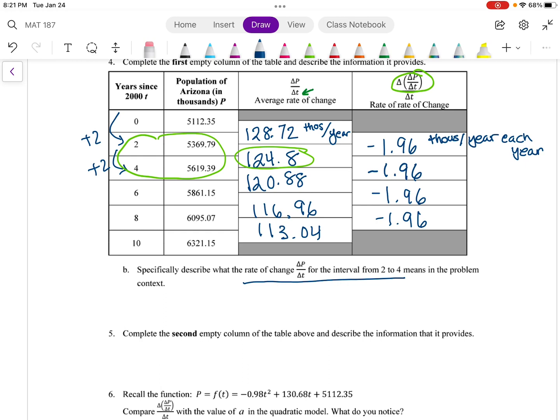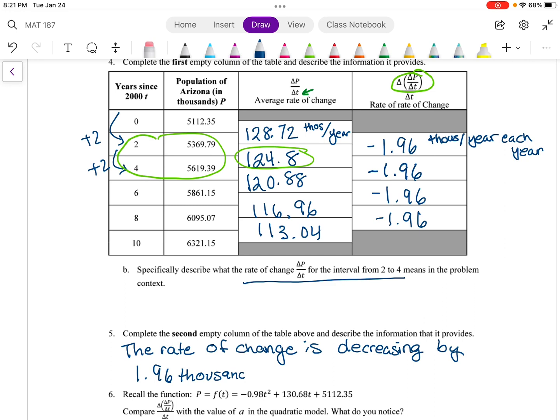And so I can be specific and say the rate of change is decreasing by 1.96 thousand per year each year. So we're not increasing by quite as much.